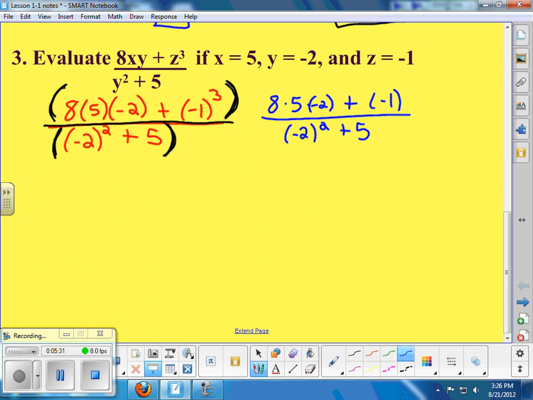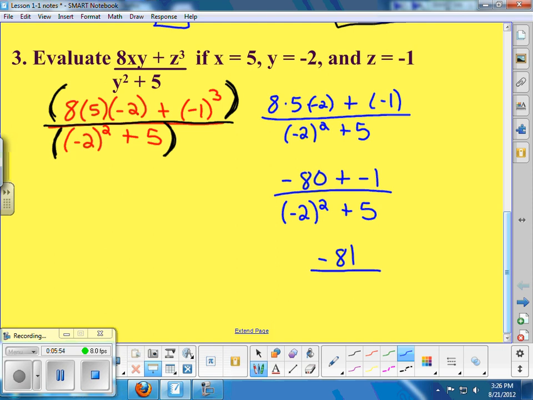So let's do all of the multiplication in order there from left to right. 8 times 5 times negative 2 is negative 80. And we'll finish up that numerator with the addition. Negative 80 plus 1 is negative 81.